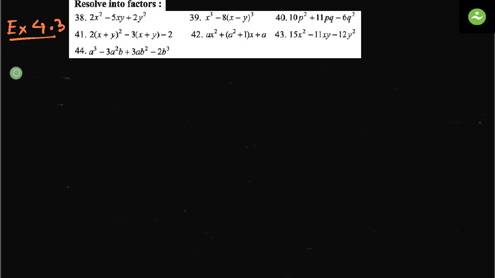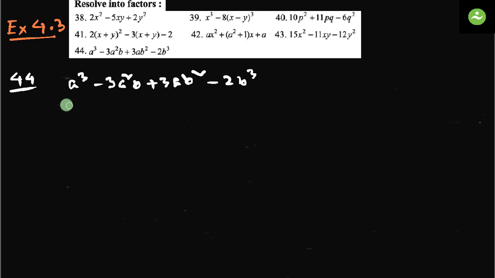Now 44, a cube minus 3a square b plus 3ab square minus 2b cube, equals to, we know a formula, (a minus b) whole cube equals a cube minus 3a square b plus 3ab square minus b cube.